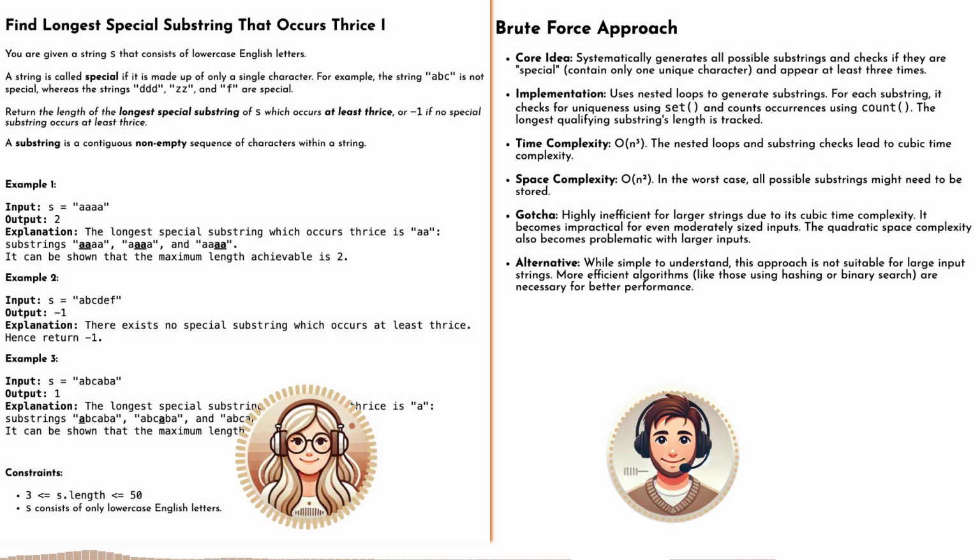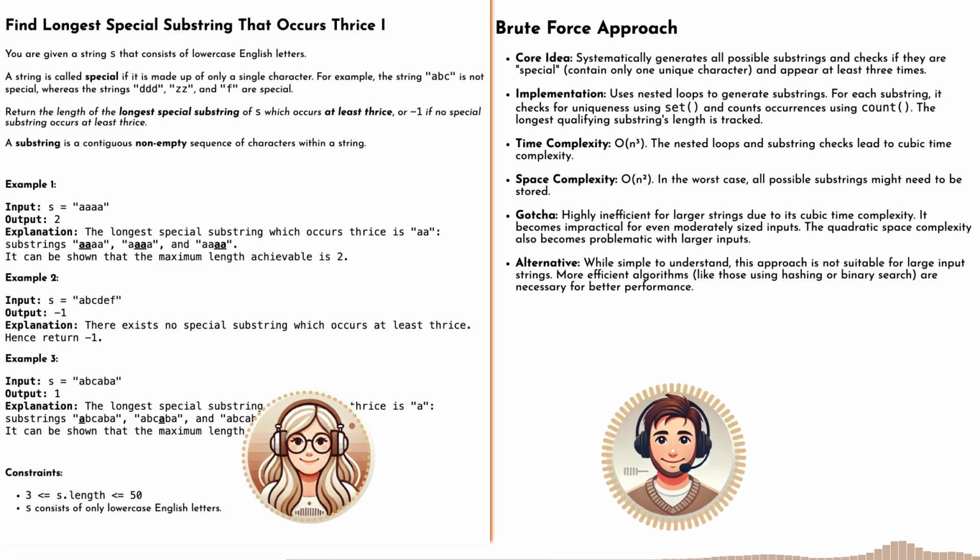So in this particular problem, brute force would involve going through and generating every single substring of our input string. Then, for each one of those substrings, we'd have to do two checks. First, we've got to see if it's special, meaning it's made up of just one character repeated. Right. And then second, if it is special, well, does it show up at least three times in the original string?